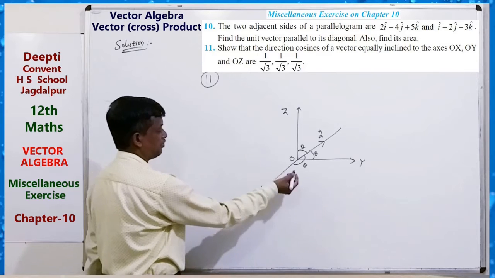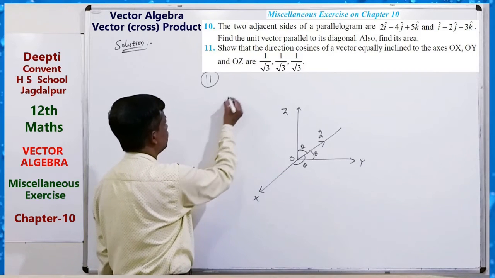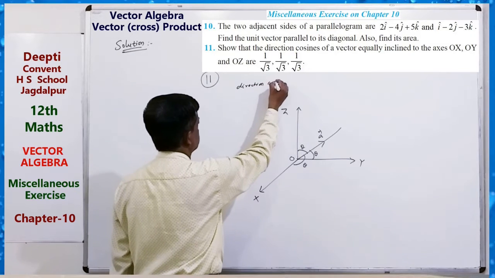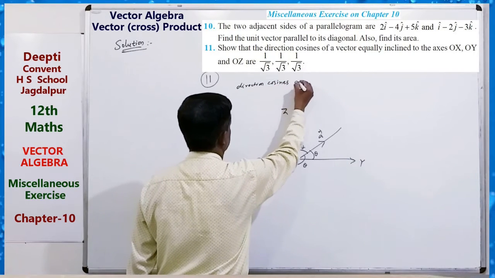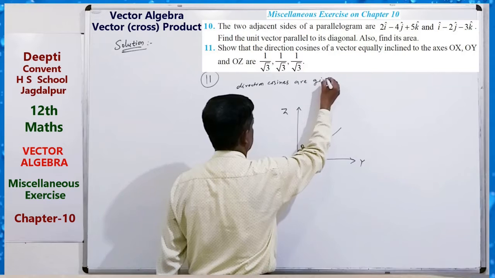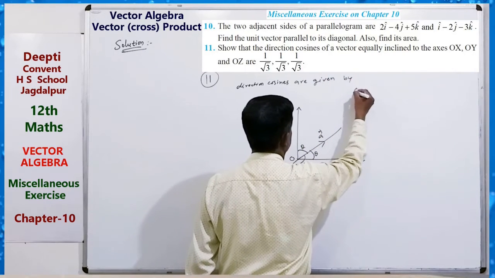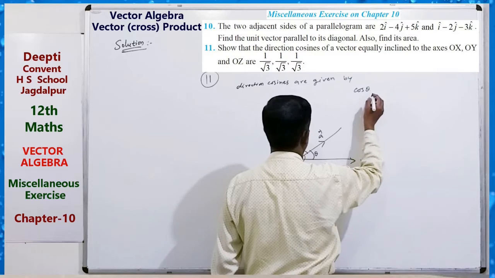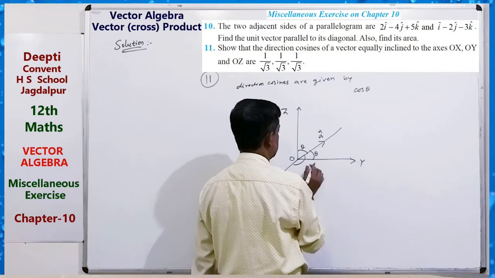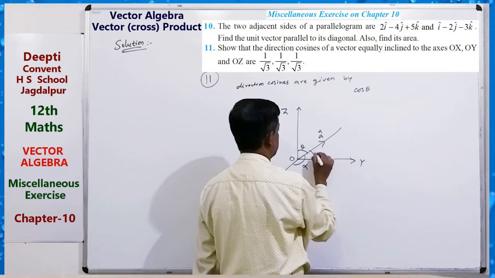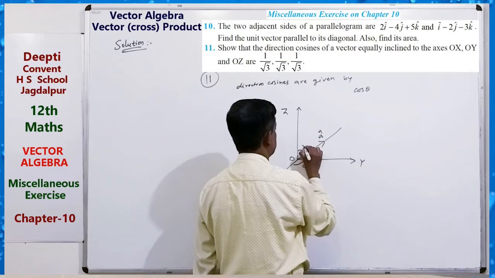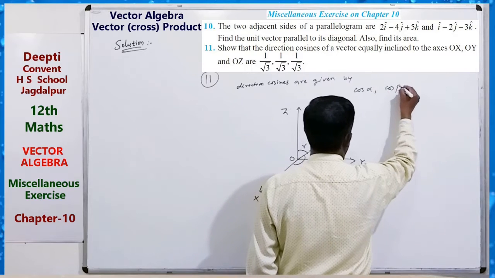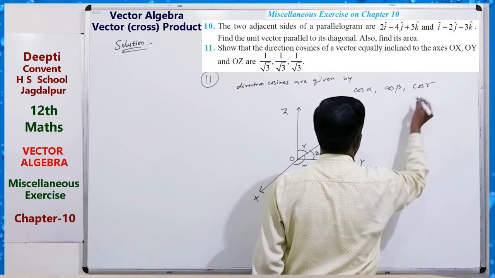So the direction cosines are given by cos alpha, cos beta, cos gamma.